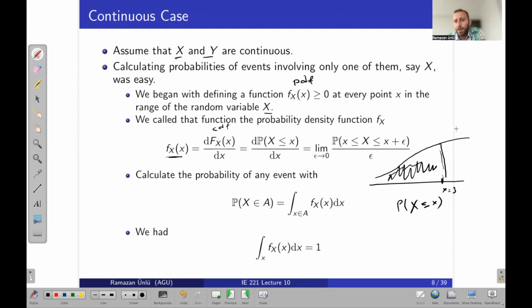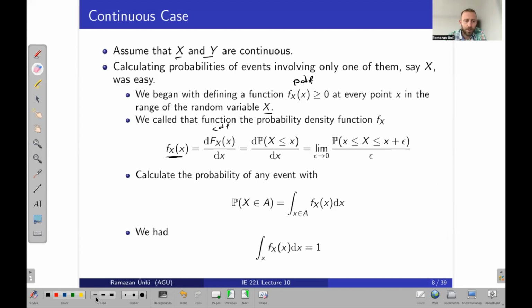Instead, remember the strategy I showed. Let's say that is the x point.